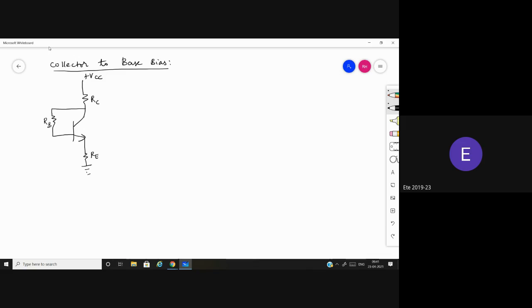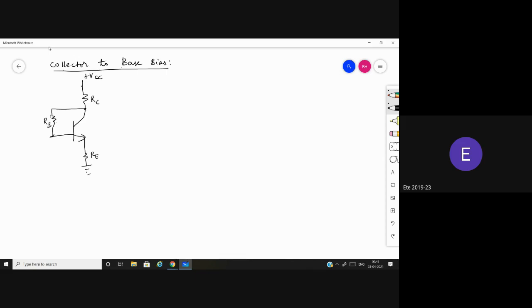In this case, you can see that the base resistance is directly connected between the base terminal and the collector terminal. In our previous cases, the base resistance was connected between the base and plus VCC, but in collector to base bias, we are connecting the base resistance directly to the collector. So this base resistance is lying between the base and the collector directly. That's why it is called collector to base bias.